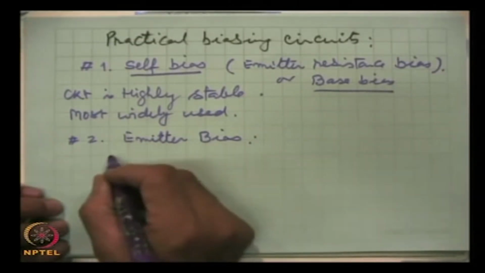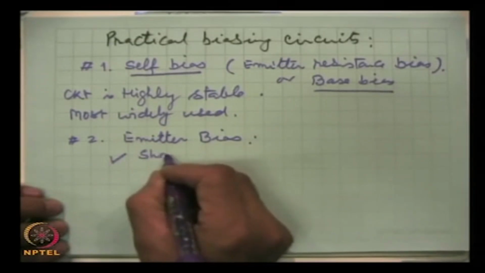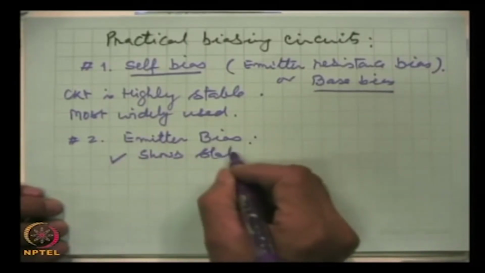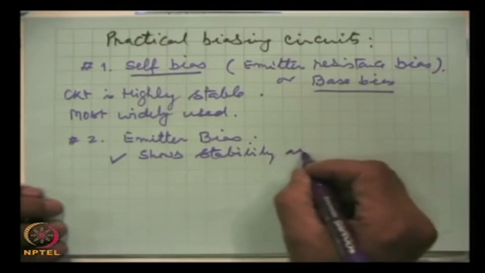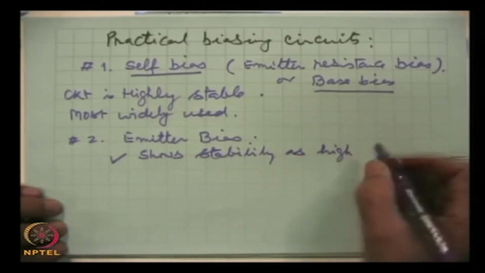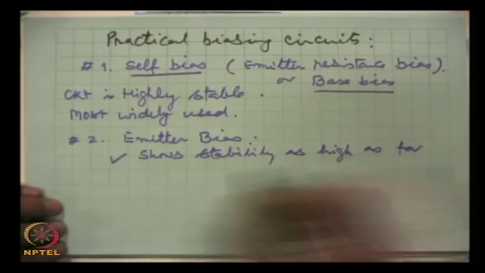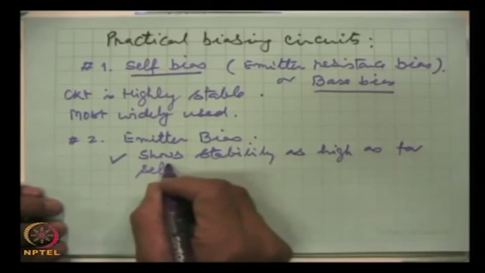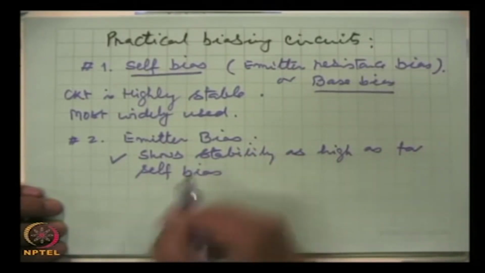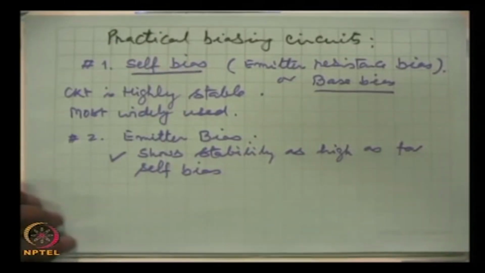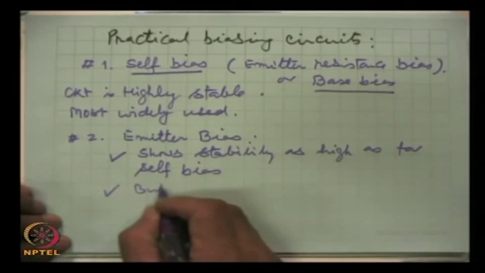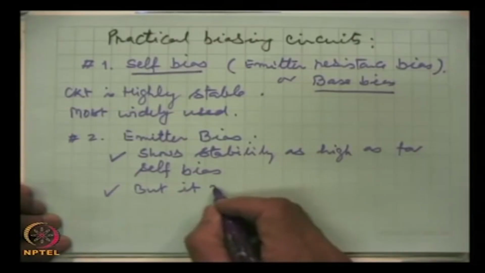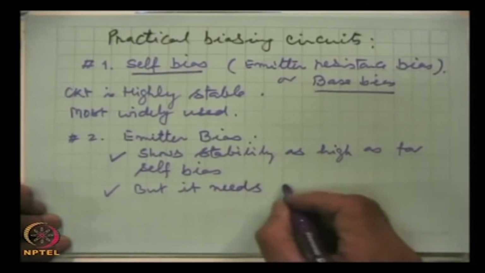This shows stability as high as for self bias. The stability is as high as in case 1, the self bias, but it needs a dual power supply.